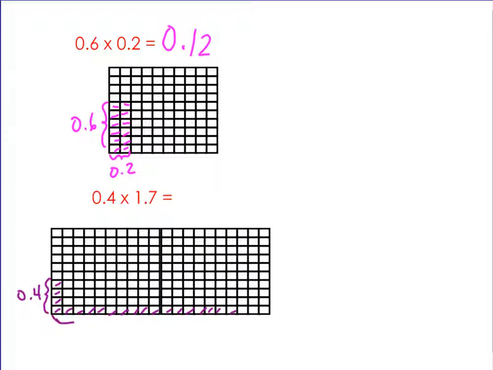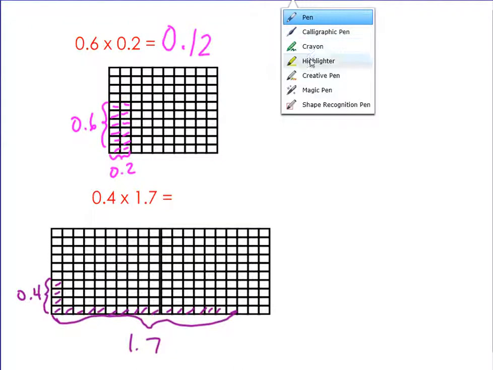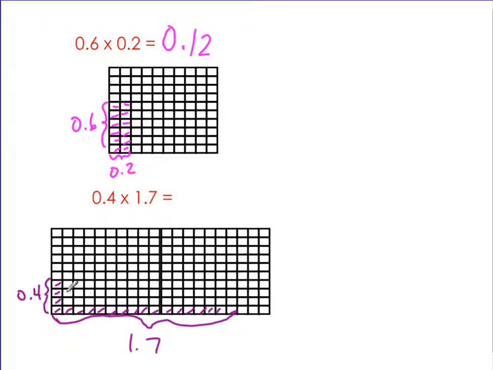That's 1.7. Now if I shade that in, I'm only going to shade 4/10 by 1 and 7/10, which will end right here. Whoops, I went a little above. I'll have to fix that. Let me erase the part that went above that I don't need, because I only wanted to go as high as 4/10.